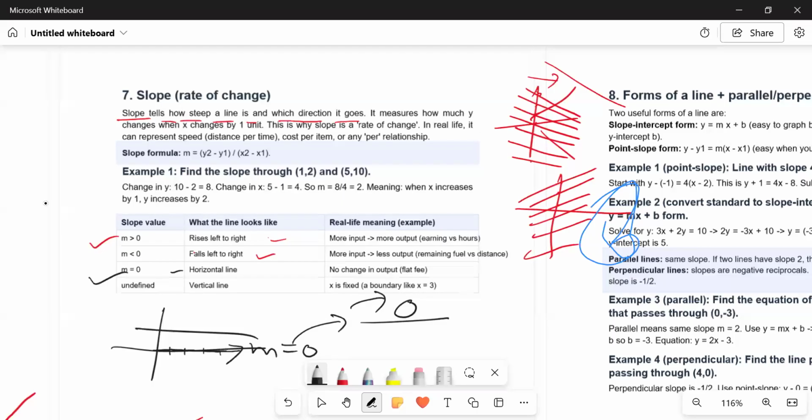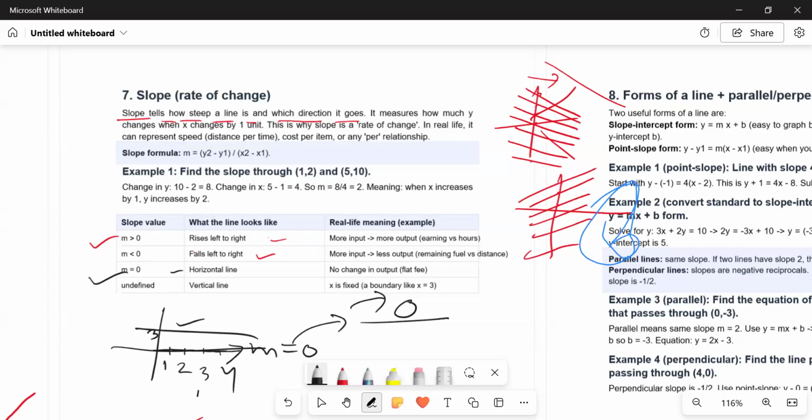And let us suppose we consider it as 3. On the y-axis it is intercepting at the value of 3, and this is 1, 2, 3, 4. So for the value of x as 1, for the value of y I get 3, 3, 3, 3, 3. Here you will also see that the slope is 0 because the value of y is not changing.